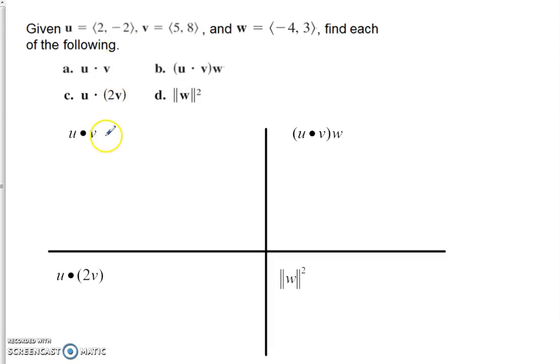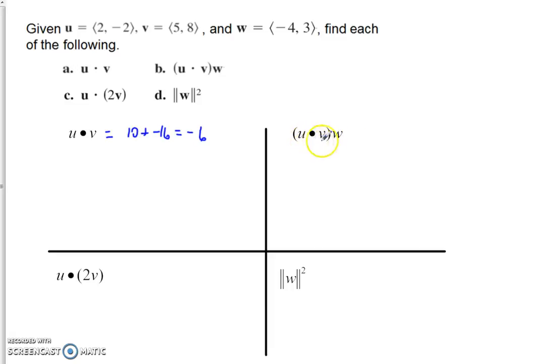And first we'll say that's equal to, so we take 2 times 5 is 10, plus negative 2 times 8 is negative 16, and that's simply equal to negative 6. Straightforward, easy peasy. The next one we look at, u dot v and then times w.